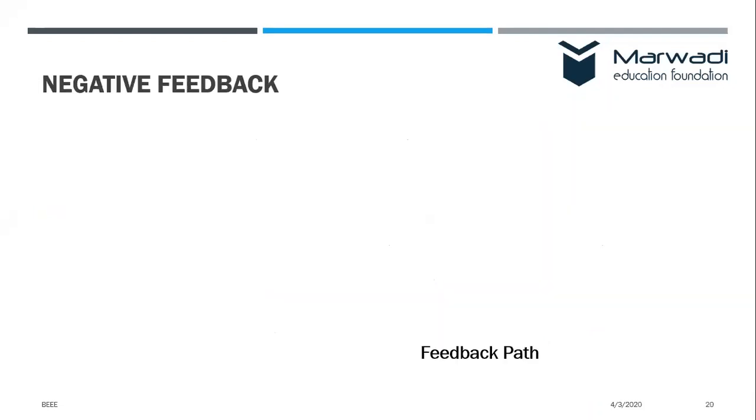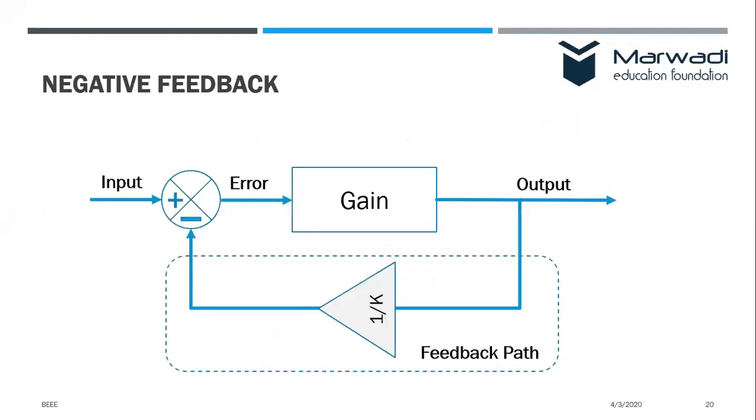Okay. So what happens? Let us see. The meaning of negative feedback is this. We have certain input, and then what we do, we take a feedback from the output, and that output is divided by some value.